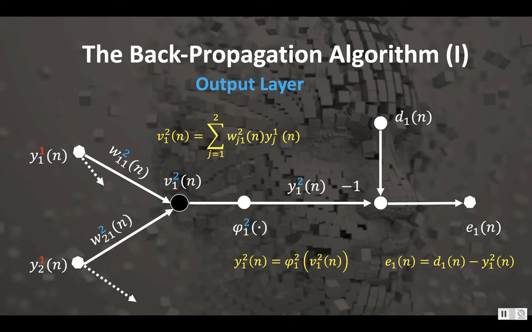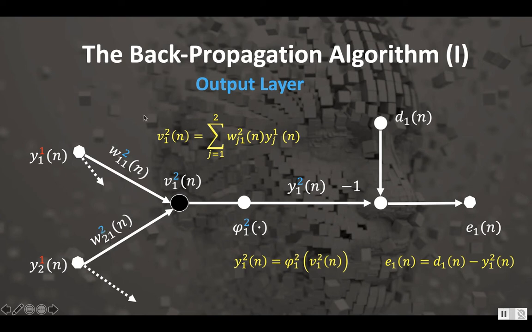Okay, look here. V21 is the output of this neuron. So V21 equals Y11 multiplied by W211, plus Y12 multiplied by W221.